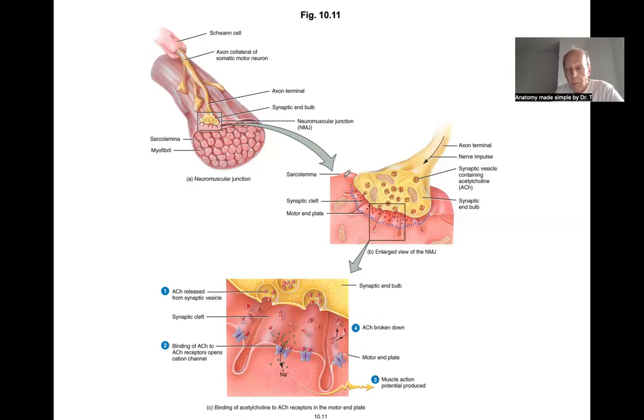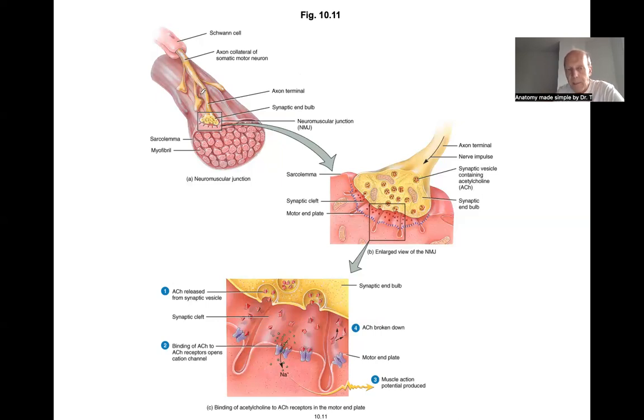So what we need to realize is that we're talking about something very comparable to a synapse. Instead of two neurons, we have a neuron and a muscle fiber. So we call it, for practical reasons, the neuromuscular junction.